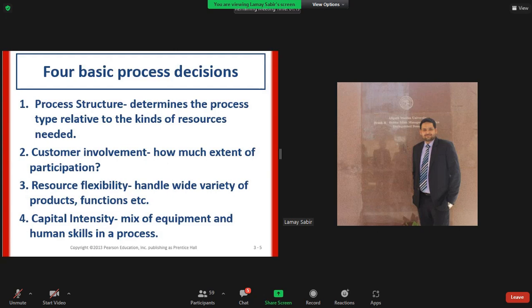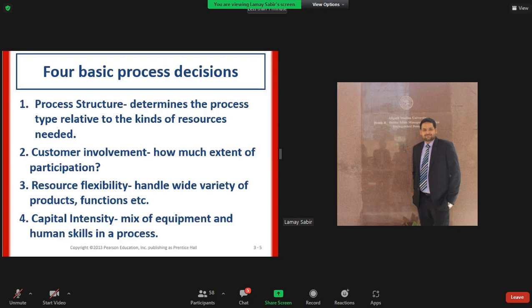But when you go to open kitchens, open kitchen means the kitchens are open. Whatever you wish will actually be given to you or cooked for you. The customer involvement will be very high. Similarly, in the banking industry, the customer involvement is limited to a particular location, particular processes, and other processes are standardized.